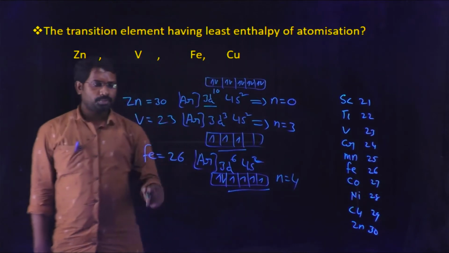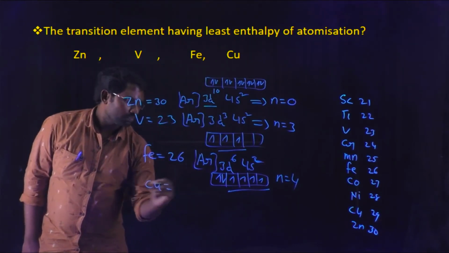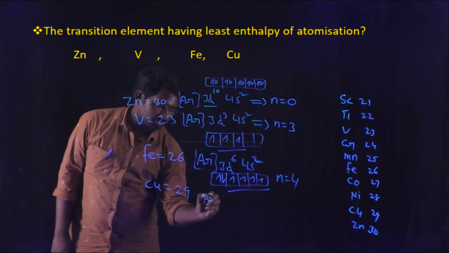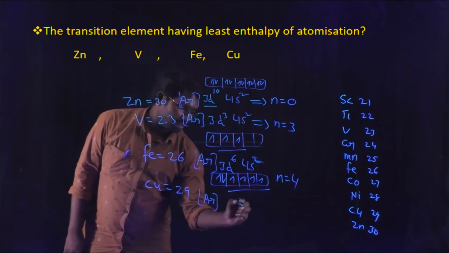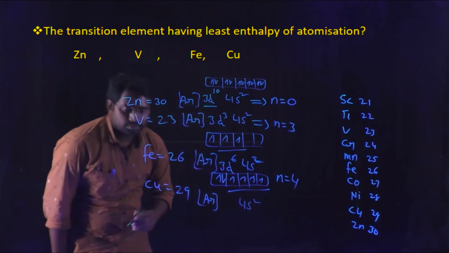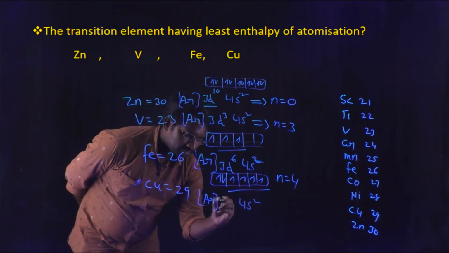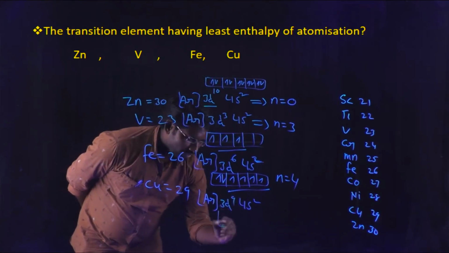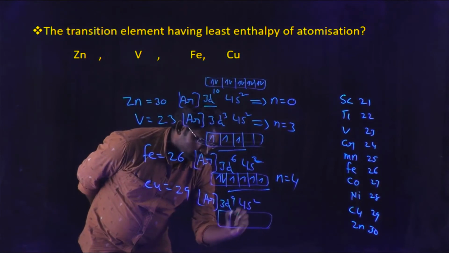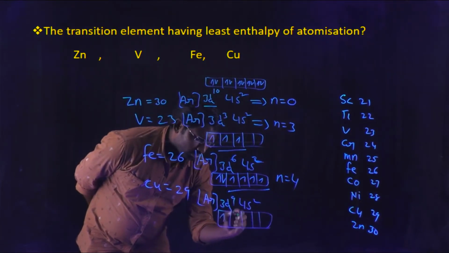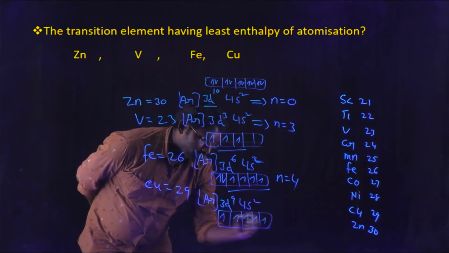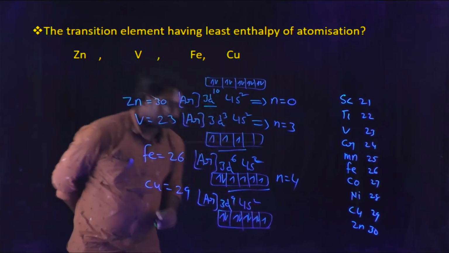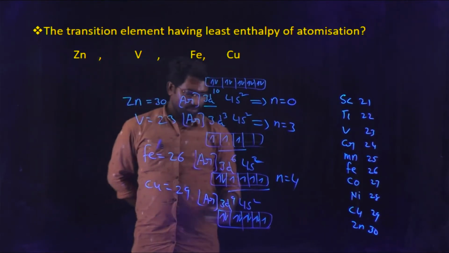In the case of copper, the atomic number is 29. Write the configuration: argon 4s2, where argon means 18, and 18 to 29 gives 3d9. Write the d orbital electronic configuration 3d9: 1, 2, 3, 4, 5, 6, 7, 8, 9. How many unpaired electrons are present here?